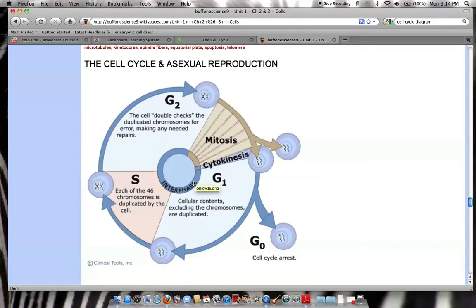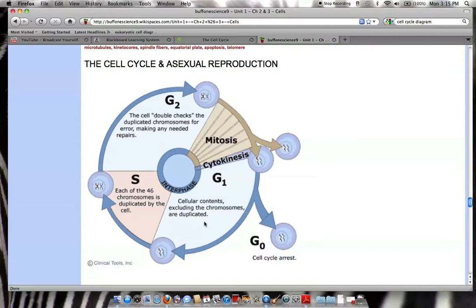Interphase is composed of the G1, S, and the G2 phases. G1 is a growth phase, and here it's saying that the cellular contents are duplicated. That means those organelles and some chemical compounds, all this kind of thing, are duplicated or replicated.